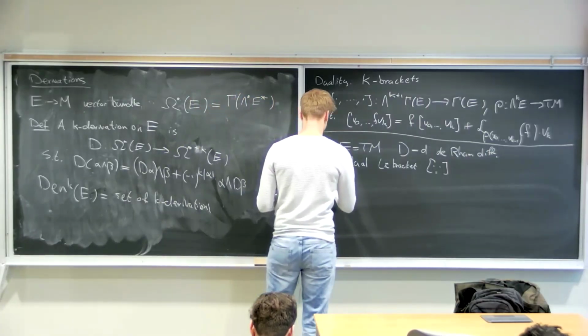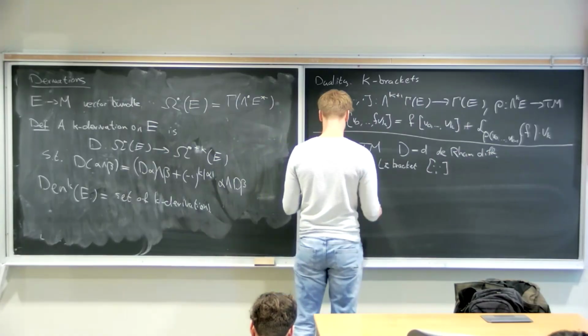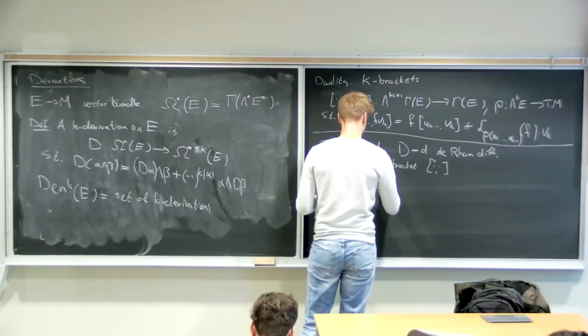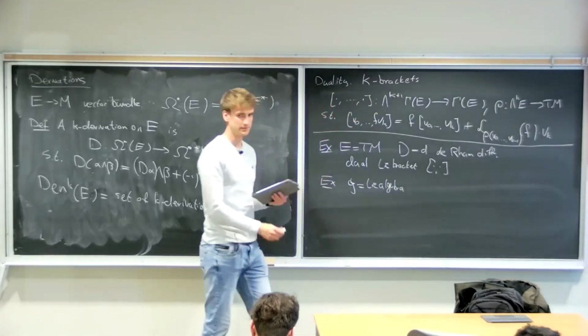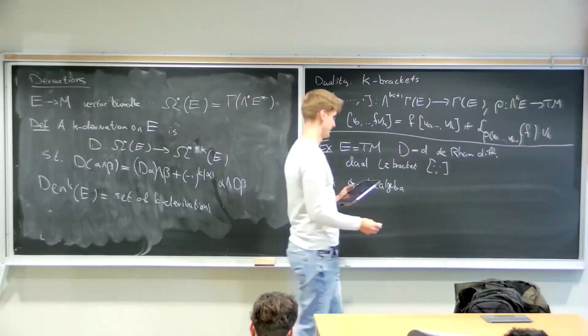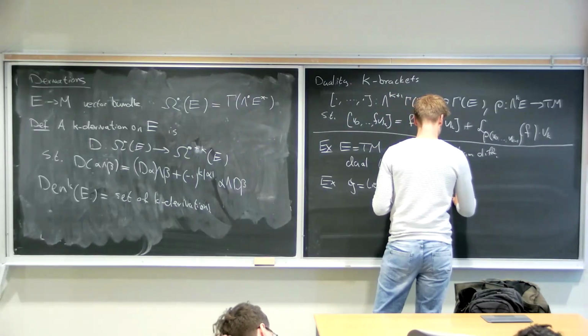Another example is you take a Lie algebra g. Consider it as a vector bundle over a point. And we can take d to be the Chevalley-Eilenberg differential.